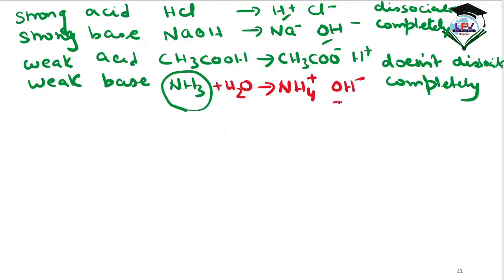So in this case, OH minus is obtained, but it is not completely dissociated. So these two are not strong. So I have told you what are the strong and weak acids and bases.